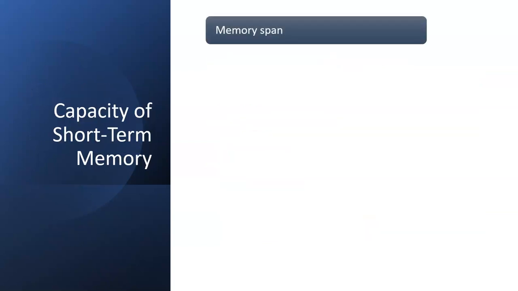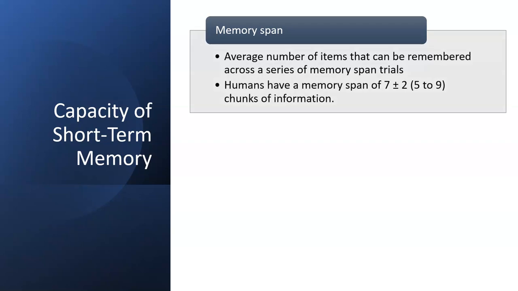When we're looking at the capacity, researchers use tasks like a memory span task in order to assess what's the capacity of human short-term memory. So they'll give people lists, lists of words, lists of letters, whatever. And that's how this 5 to 9 chunks of information range has been established.